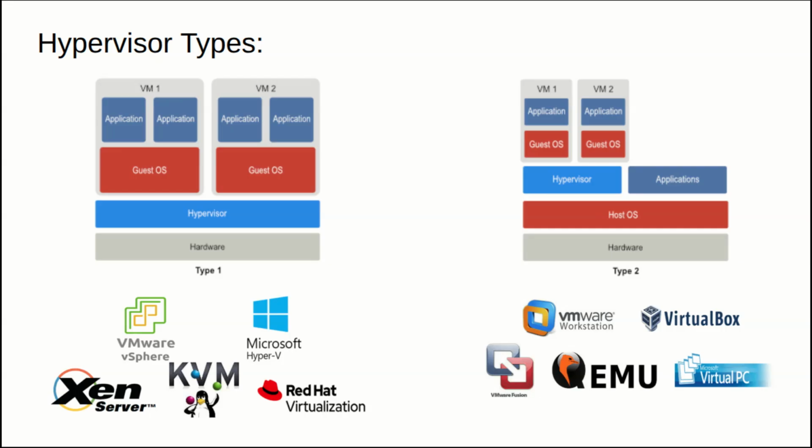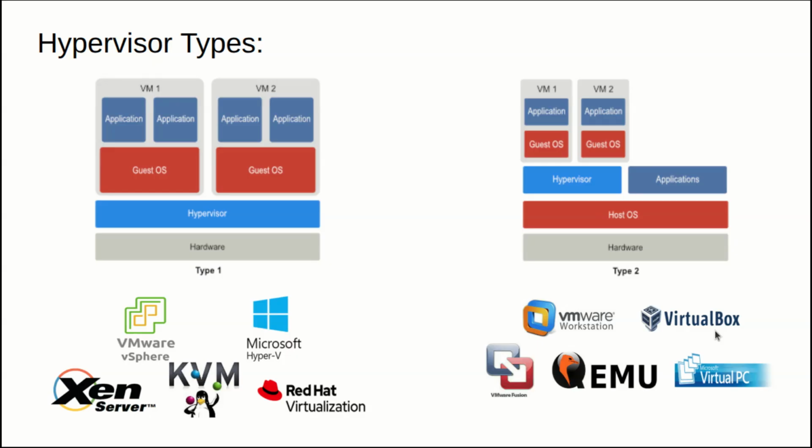There is the other category of hypervisor, called type 2 hypervisor. In a type 2 hypervisor, you have hardware, and on top of that hardware you have an operating system. In this operating system you run a hypervisor, which is a type 2 hypervisor, whereas here it is a type 1 hypervisor. In this type 2 hypervisor you create multiple virtual machines. A classic example of this is VirtualBox.